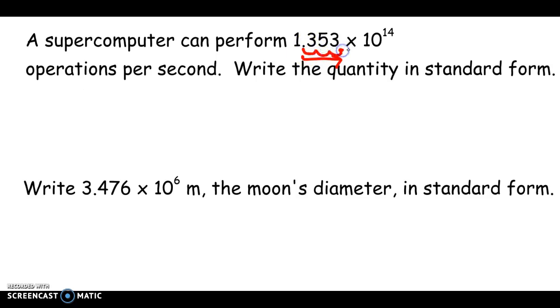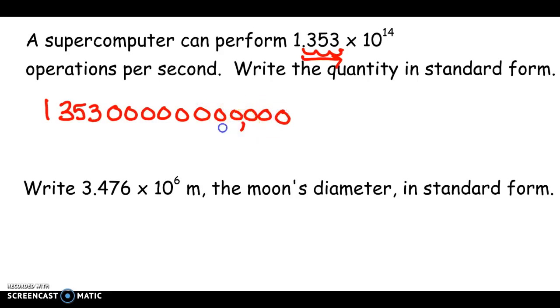How many places do I get to the very end? So I have 1, and then my decimal point was there, and now I go 1, 2, 3, and then I just count up the rest of the zeros. 4, 5, 6, 7, 8, 9, 10, 11, 12, 13, 14. Then to make your life easier, go back and put in your commas.